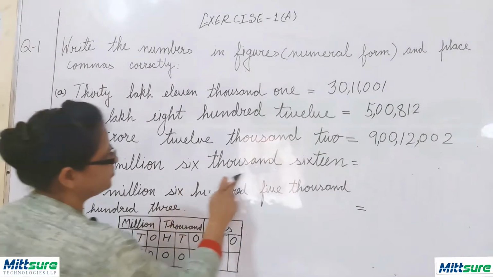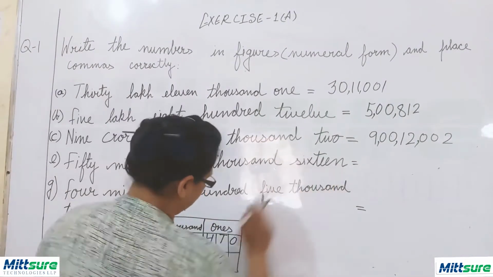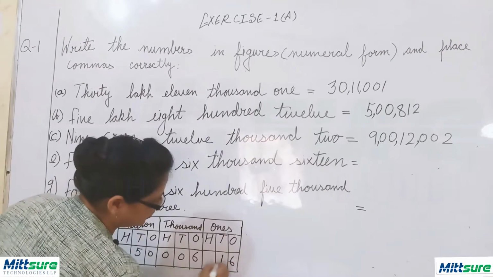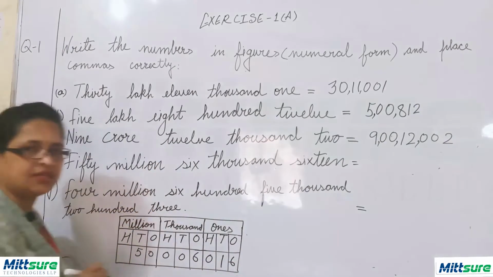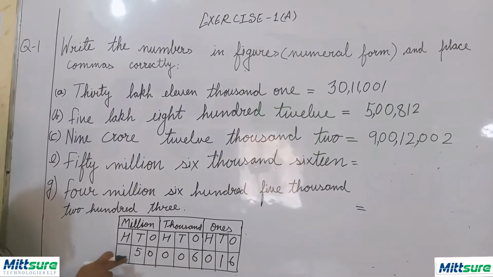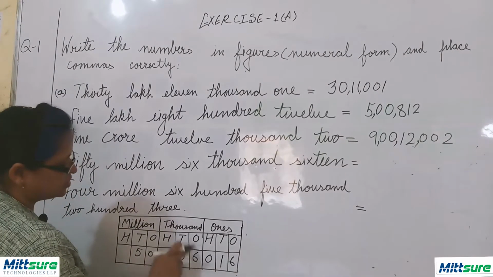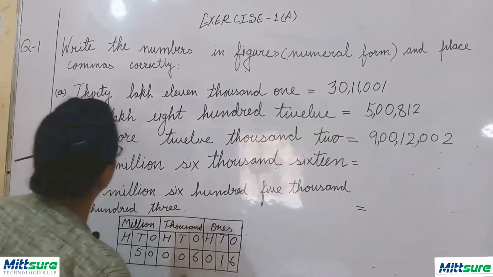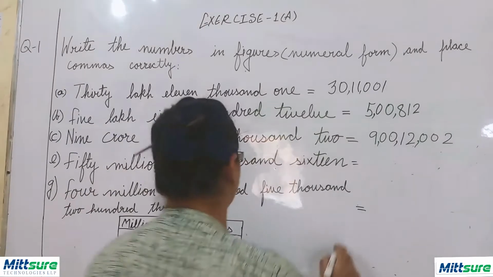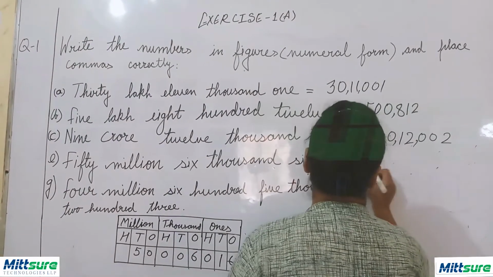Next is 16, so we will write 16 here, and this place is empty. So this is 50 million 6,016.